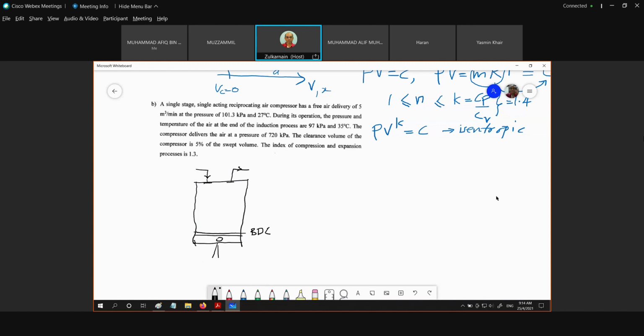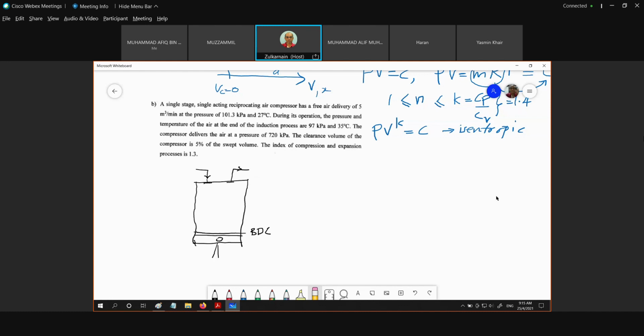Where are we going to sketch the TDC? Are we going to sketch the TDC right up near the head, or do we lower it a bit because there is clearance volume? So you need to read back your question. Is there any clearance volume involved?